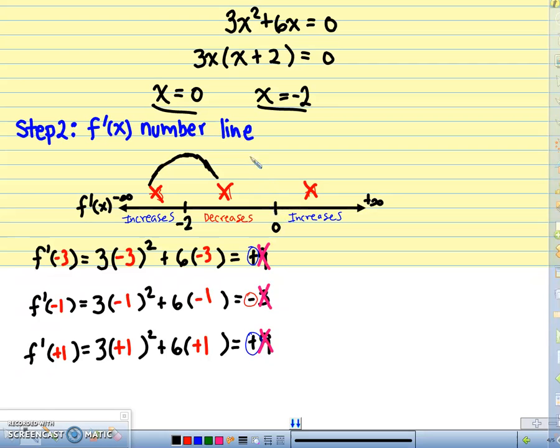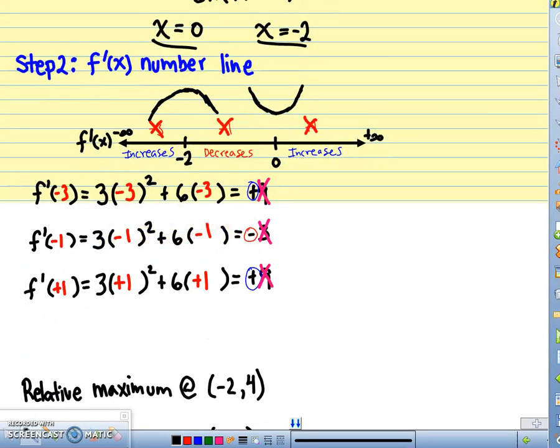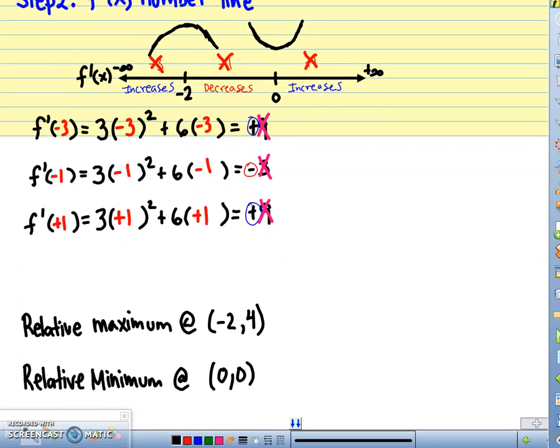Same idea here. It's decreasing. Then remember, if x equals 0 is a critical number, it's either undefined or 0 there. So the slope is 0, and then it starts to increase. This is a relative minimum. And your answer should look something like this.